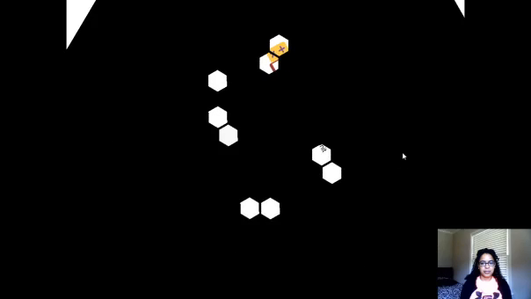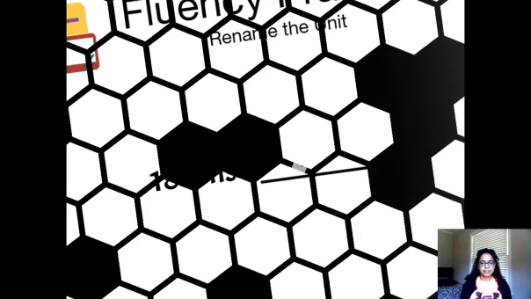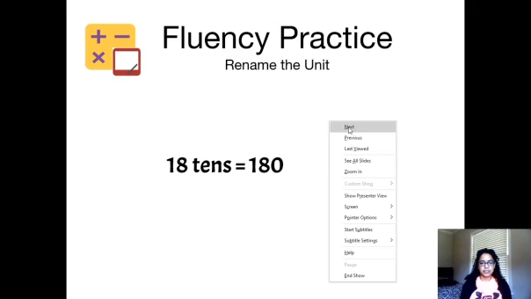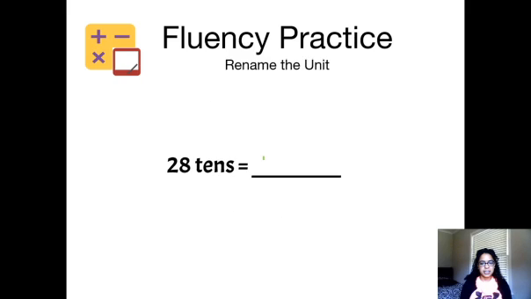Now we have 18 tens, so that will be 180. Now our next problem. We have 28 tens, so that will be 280.